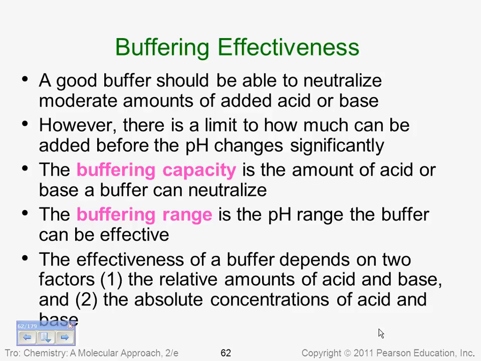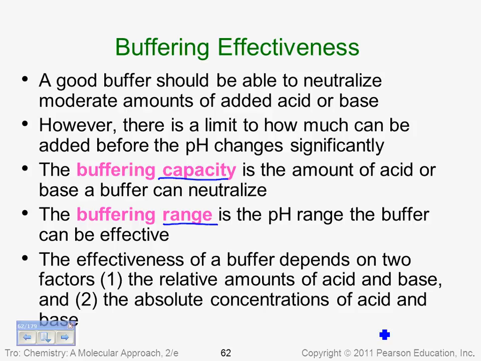The other side of a buffer is something called capacity and range. If you add hydroxide to a buffer, the pH goes up, but not by much. We did that calculation. It went from 4.75 to 4.83 for that acid-base buffer.